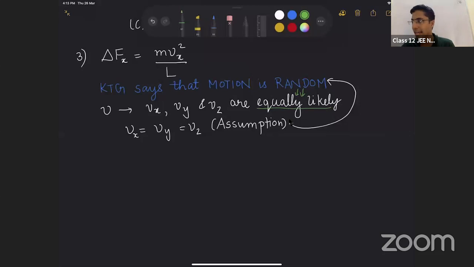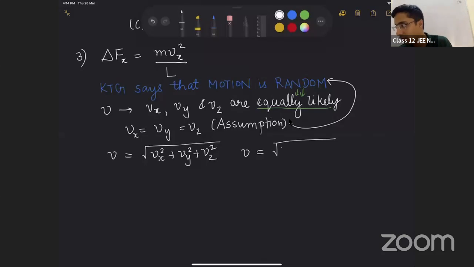Now, because Vx is Vy is Vz, we know that the total magnitude is the root of the x magnitude squared plus y magnitude squared plus z magnitude squared. This we have studied in vectors. So I can say that V is the root of Vx square plus Vx square plus Vx square.